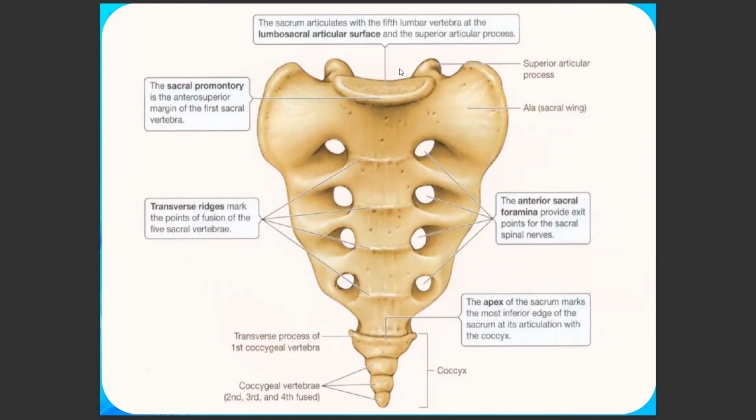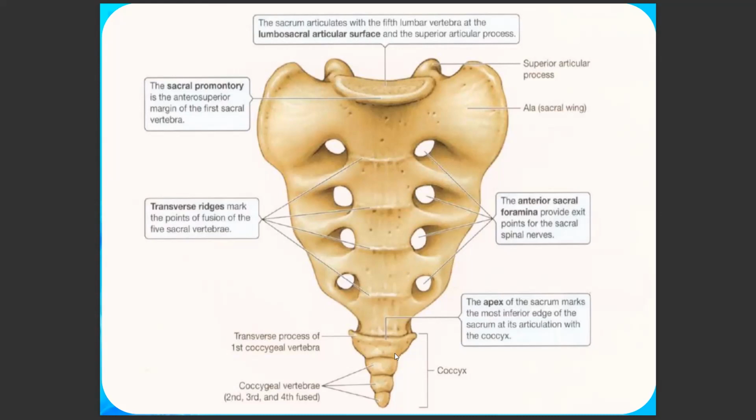On the posterior surface, these are the 2 articular processes which make a joint with the inferior facet of the 5th lumbar vertebra. These 4 foramina on both sides are called the anterior sacral foramina, and they provide exit points for the sacral spinal nerves.